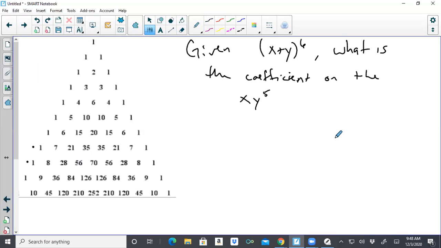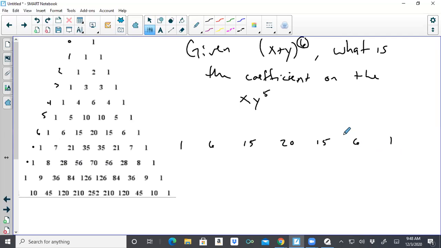So they might ask you something like this, like what's the coefficient on the x, y to the 5th term? And if we look at this, this tells us what row we're dealing with. So this tells us the row. So 0, 1, 2, 3, 4, 5, 6. And if I look at this specific row right here, 1, 6, 15, 20, 15, 6, 1.